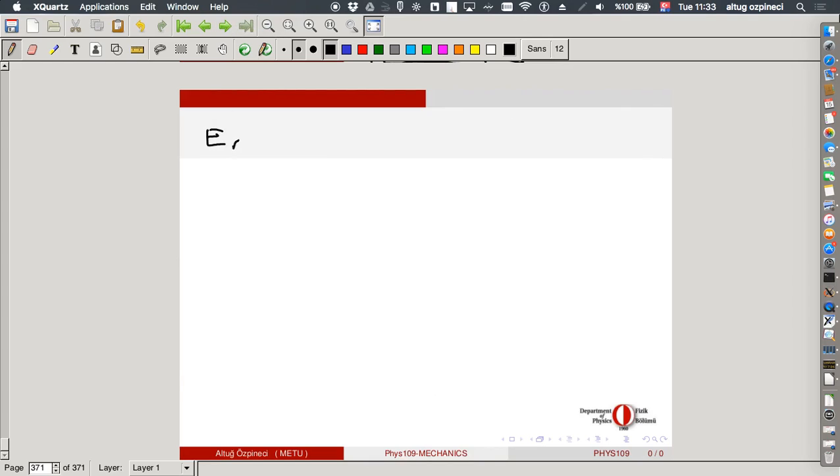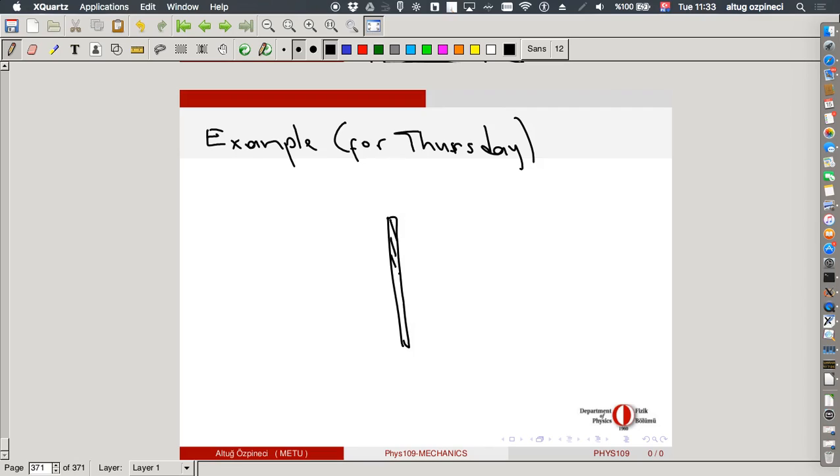On Thursday, we will study one more example. You can just start thinking about it from now. Let's say you have a rod, and then there is a ball of mass m. The rod has mass m and length l. The ball comes with a velocity v.